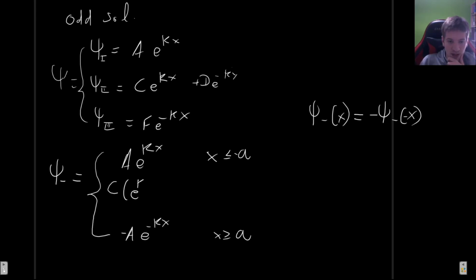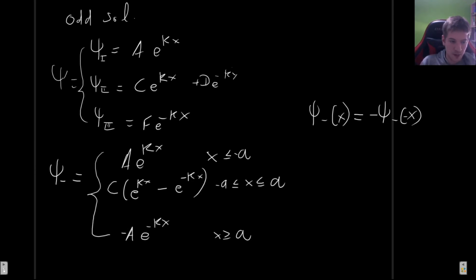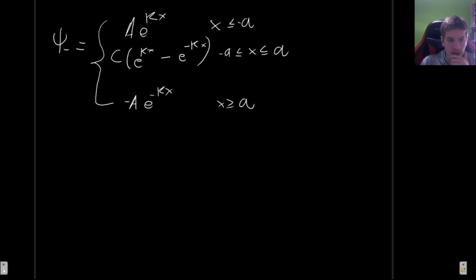So a factor of e to the kx minus e to the minus kx. And you can see this is also just an odd function. Okay, so these are our solutions. I did go a bit faster because I showed you how you can check it in the previous part. So I want to now continue and not drag this video for too long.